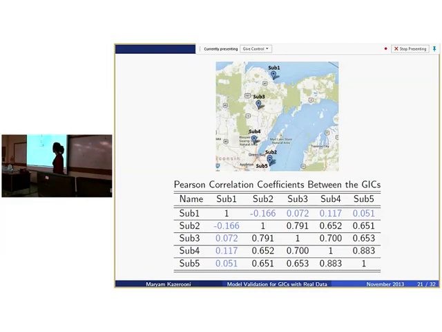So we're thinking maybe substation 1 has a different electric field than the other substations, and in our GIC model, we assume that the electric field at all of the substations is the same. Maybe that's the reason the scale for substation 1 is 0, so we can exclude this substation from the model. I should say this is still a guess; we're still working on it, trying to validate it and get better results.